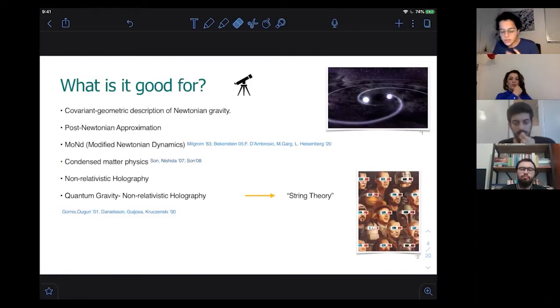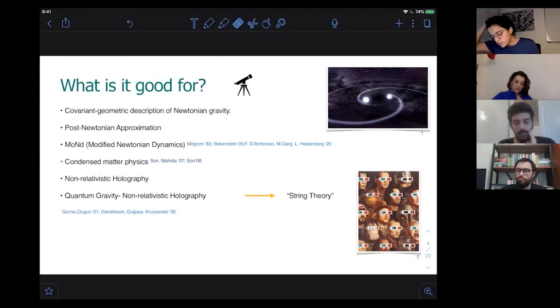At the beginning of this year, Lavinia Heisenberg and her collaborators embedded MOND in coincident general relativity, where you discard the non-metricity condition, and they provide some predictions and some applications on the galactic and cosmological scale. So it's still quite a live theory, I would say.